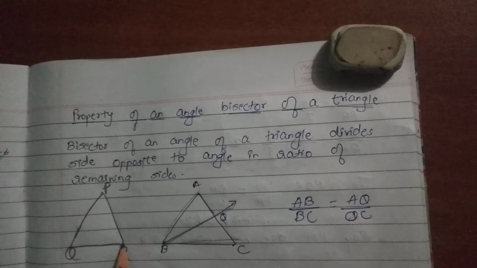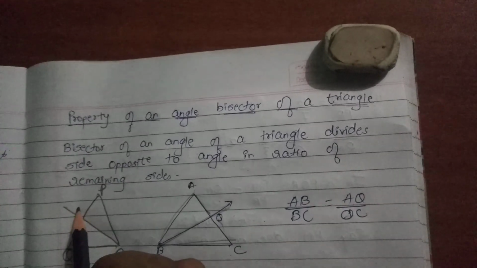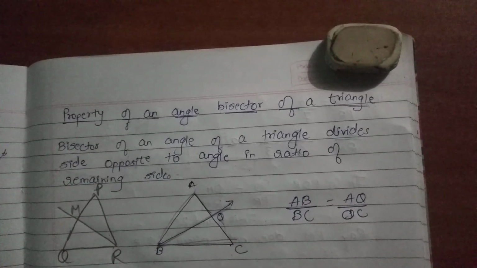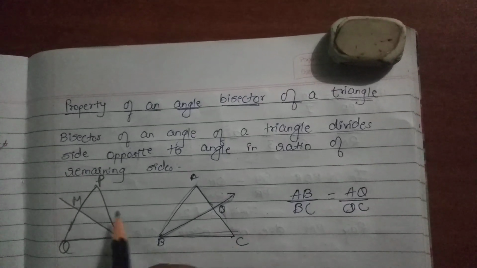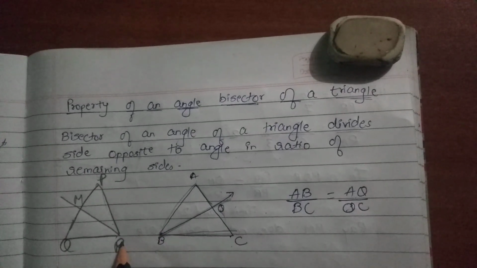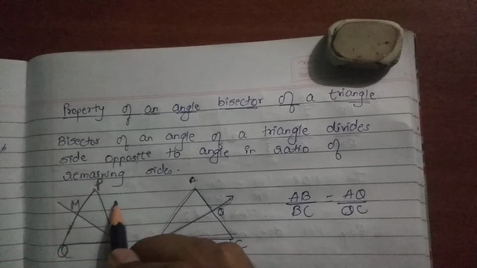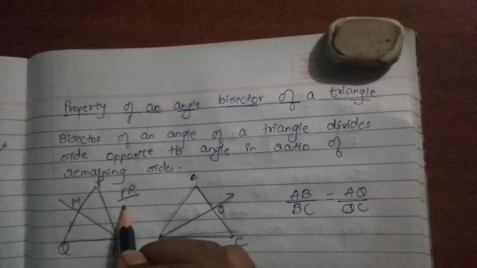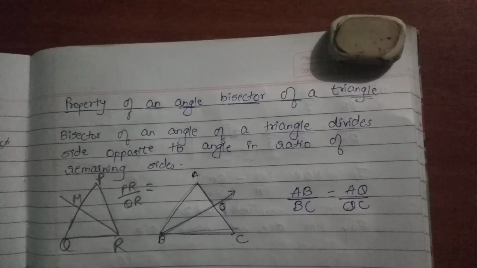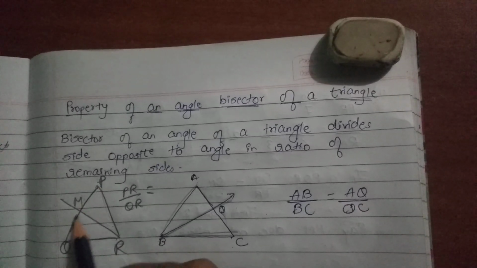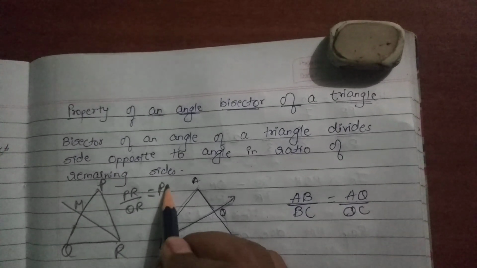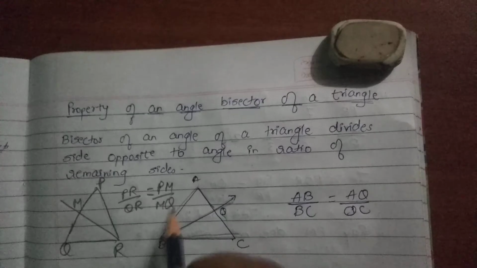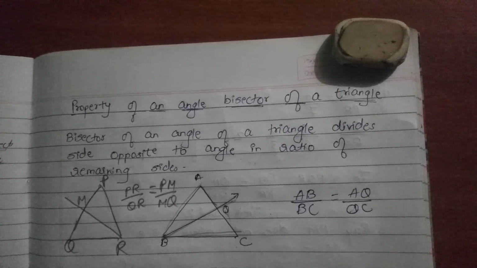If RM is the angle bisector, how will we prove it? We will take PR upon QR equals PM upon MQ. Simple.